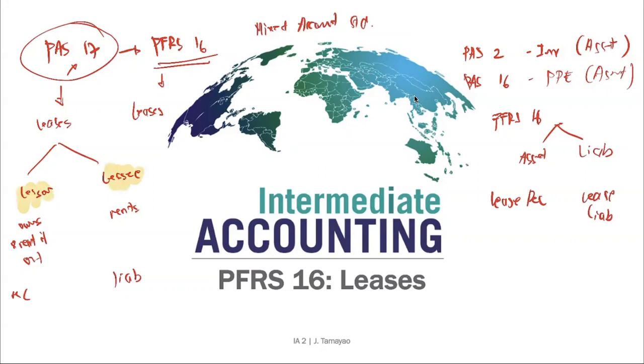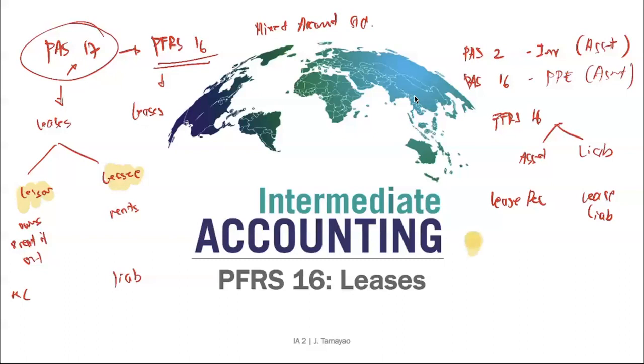Now, we go back to our first topic, which is PAS 17 superseded by PFRS 16. Having now known that in the standard relating to leases, we have two accountings, lessor accounting and lessee accounting, for your lease receivable and your lease liability, what changed as to PAS 17 and PFRS 16?